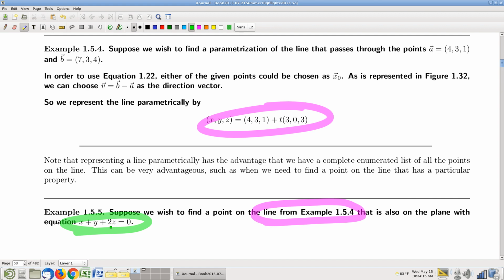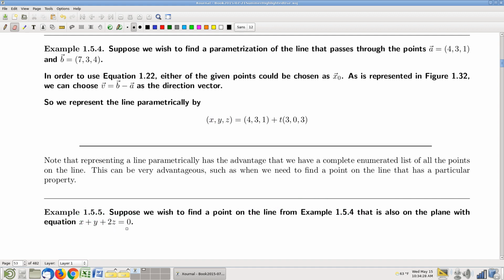So how about let's just do that. Let's look at all the points that I can generate and test by plugging those points into here. Let's test whether they are in fact also on the plane. So we're going to rewrite this parameterization here as xyz equals 4 plus 3t, 3 plus 0t, I'll just call it 3, and then 1 plus 3t.